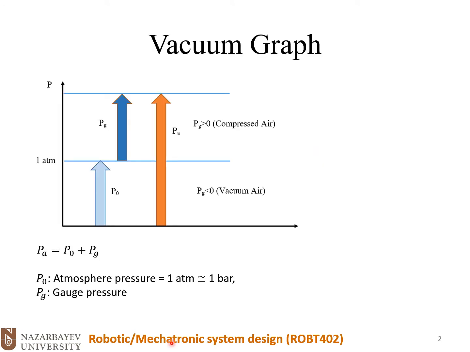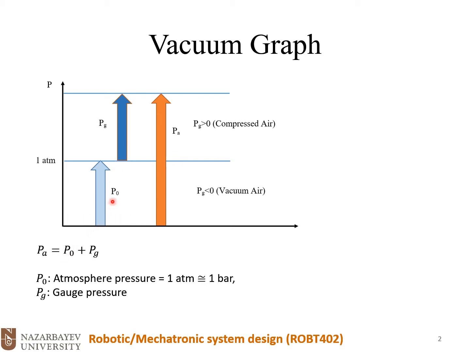So in this graph, you could see the vacuum or the air pressure. 1 atmosphere is the atmosphere pressure. 1 atmosphere is equal to 1 bar and is equal to 100 kilopascal, which is the pressure of the atmosphere at sea level.